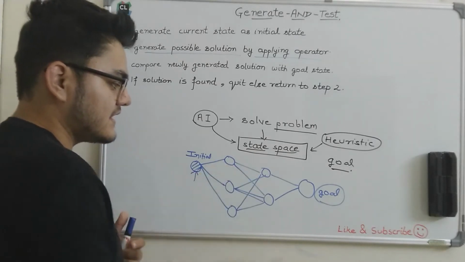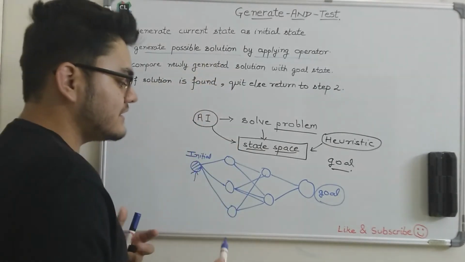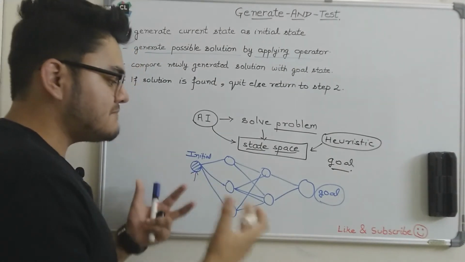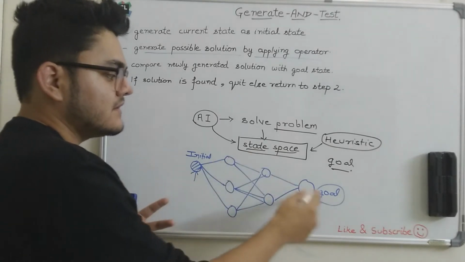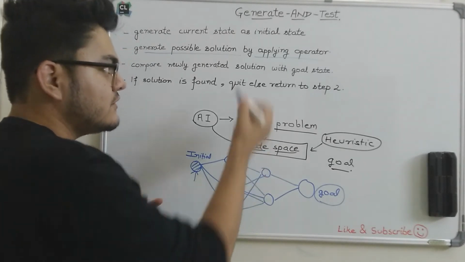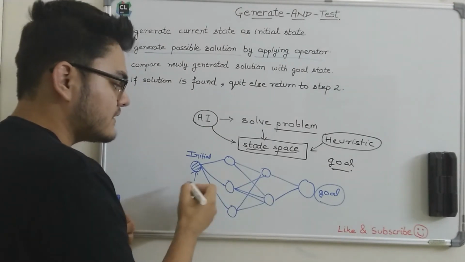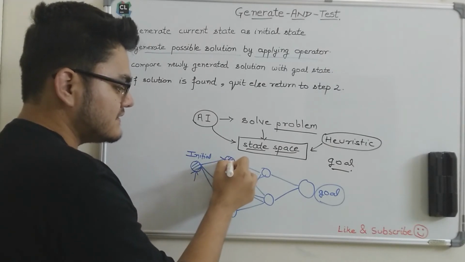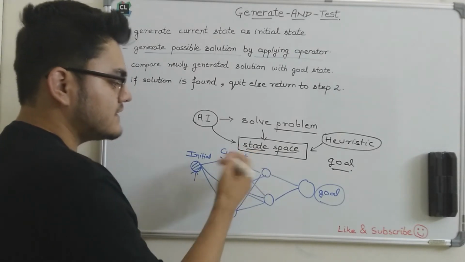Generate and test basically means you first generate any possible solution without even considering whether it will reach the goal state or not, or whether it is an optimized choice or not. We're just going to apply the operator and get a possible solution. So let's say the algorithm chooses this path. This is now generated, and this becomes the current state, or the next state.